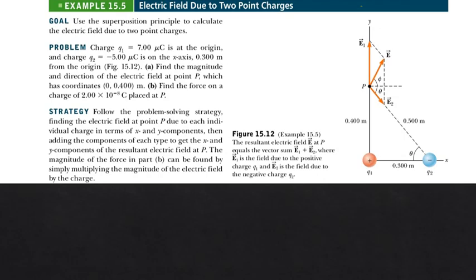Now, notice that charge 1 is positively charged. And from the diagram you have been given, charge 1 is exerting an electric field in this direction. Notice that charge P, upon feeling this electric field, moves in this direction.